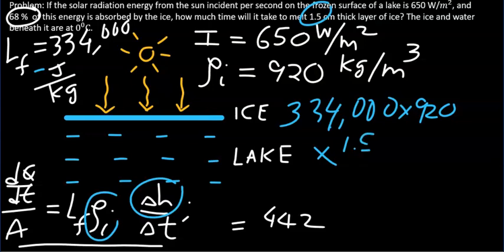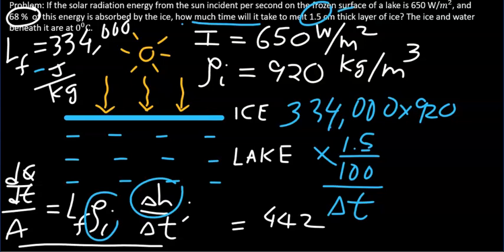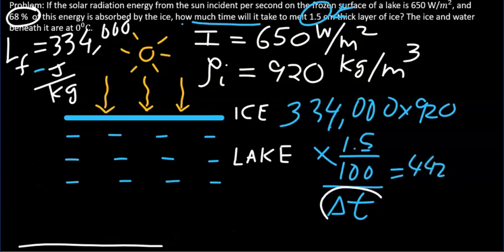So 1.5 divided by 100 to convert that into meters, over delta T, which is what we want to find. Remember, we want to determine how much time it takes to melt that thick of a layer of ice, and all that equals 442. And from this equation, you can determine delta T.